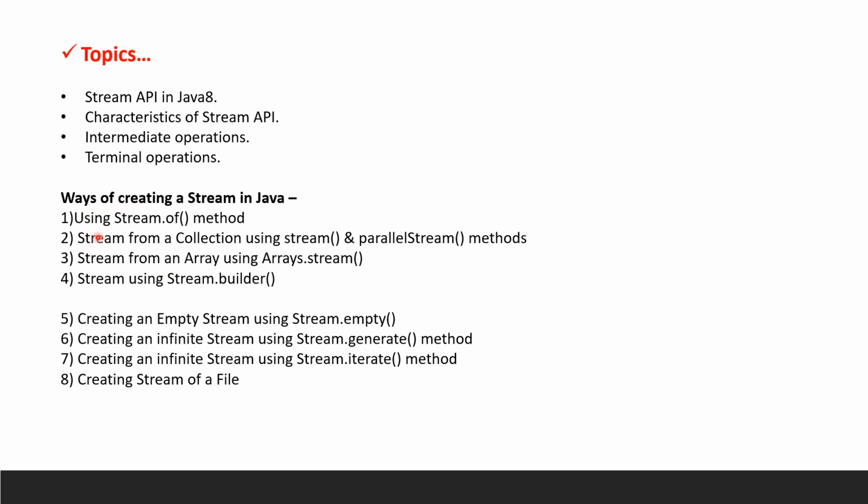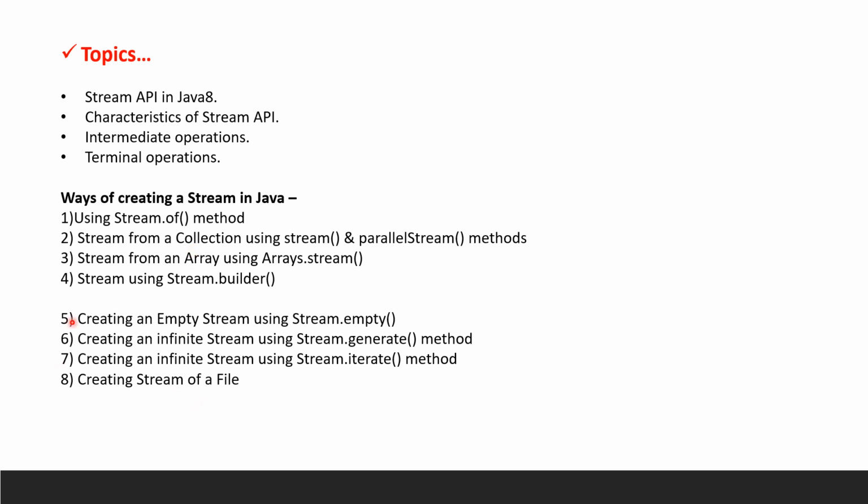Under this we have covered four methods: using the Stream.of method, a stream from a collection using the stream and parallelStream methods, a stream from an array using the Arrays.stream method, and a stream using the Stream.builder method. So these first four methods we have seen in the last part 1 video.